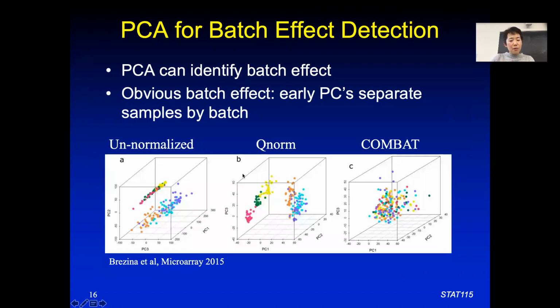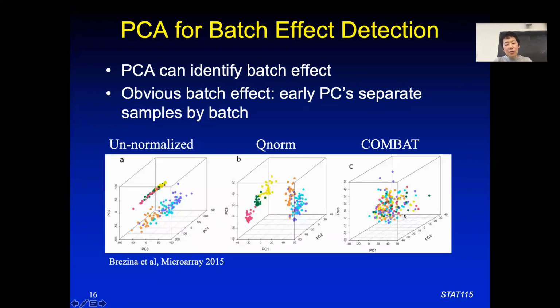So if you draw a PCA plot after you finish quantile normalization and RMA, the samples really cluster by batches. In homework 2, we asked you to look at the samples using clustering, but you can also use PCA, and you can see that there is clear batch effect.